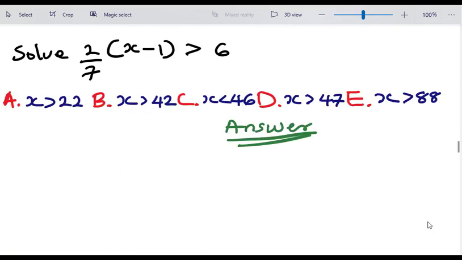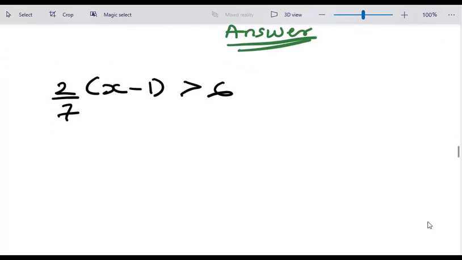The question says solve 2 over 7 in bracket x minus 1 greater than 6. So let us bring it down. Anytime you see anything that looks like an equation, but it contains an inequality sign, just know that it is an inequality that you are dealing with. You are not dealing with a linear equation.